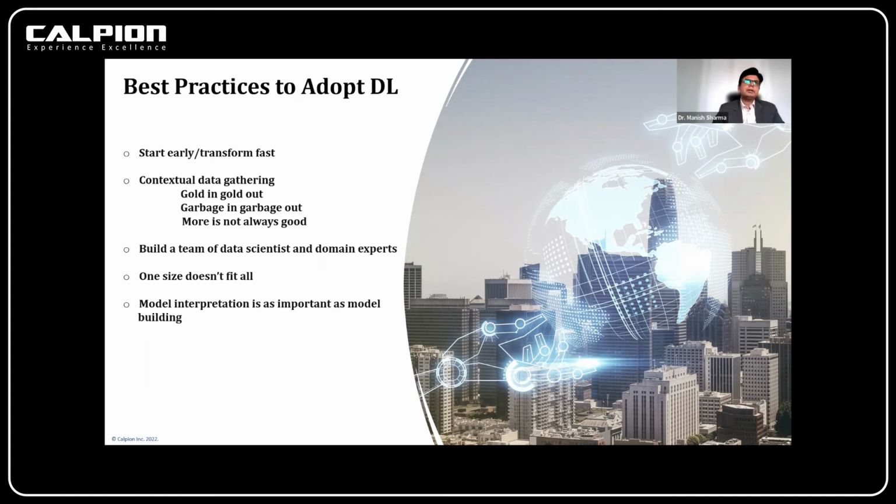While building a team, one can build a team of data scientists, of course, and along with data scientists, it's necessary to have domain experts work alongside them, so that data scientists can get a real feel of what the domain problems are, and the scale of the problem.